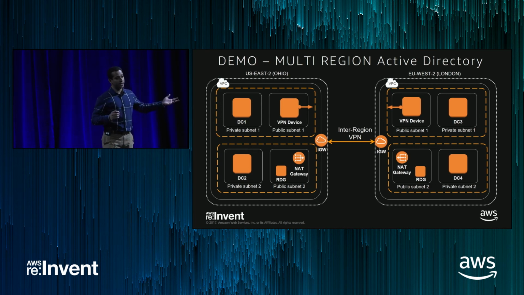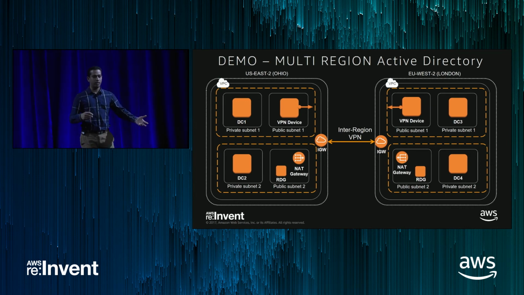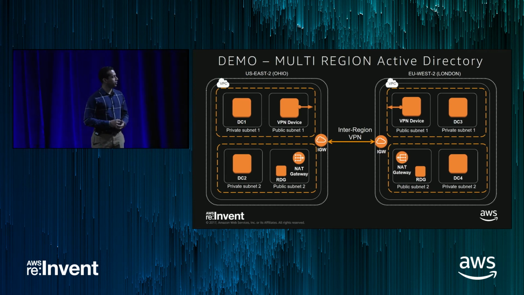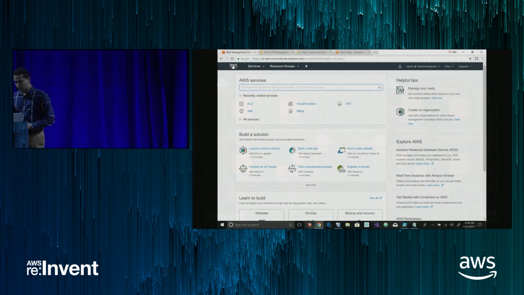But because it's a NAT gateway service, it's not possible for anybody to explicitly connect back into your DCs from the internet, right? And the RDG is just a bastion host for us. Because we need a way to get in and demonstrate what we've built, we basically dropped two RDGs so we can log into them and then show you from there what the DCs look like and what the configuration looks like. With that, let's go into the demo here, and we're going to show you what we built.